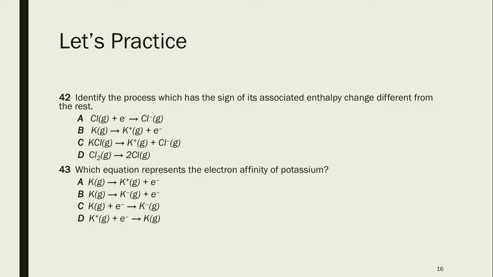That is a endothermic reaction. That is a positive value. Finally, letter D, we're taking a chlorine molecule and turning it into 2 chlorine atoms. So we took that molecule and broke its bond. Well, bond breaking is endothermic. That requires energy. It is positive. So B, C, and D are all positive, and A is negative. So that is the only one that is different.